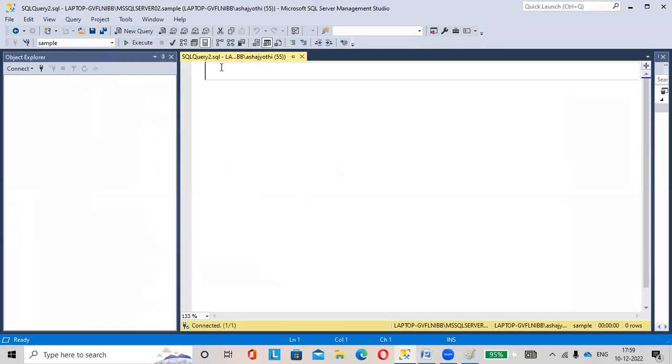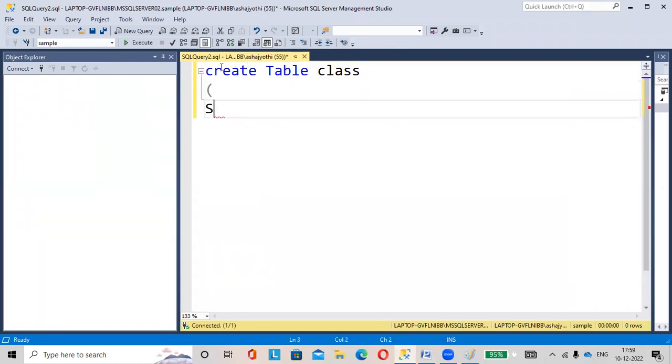Create one table. What is the table name here? Class. Student ID, data type is int primary key.